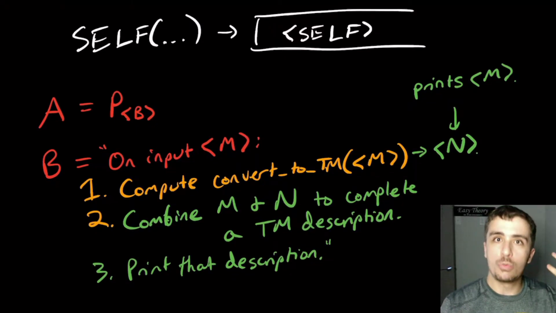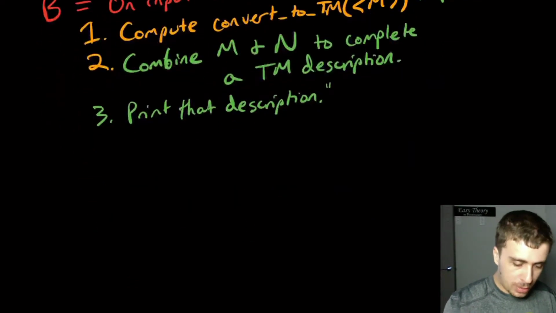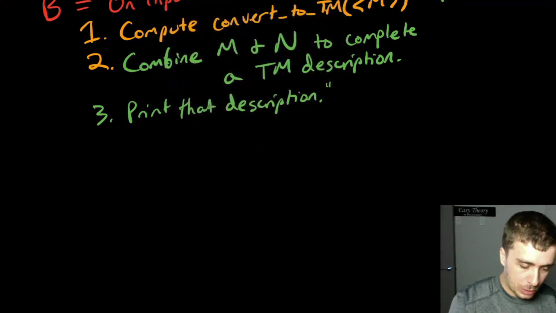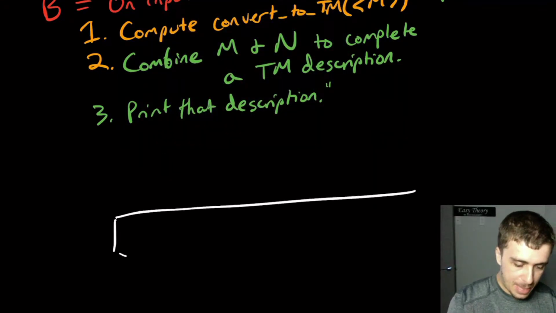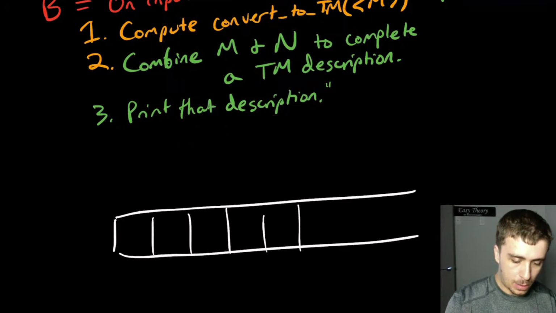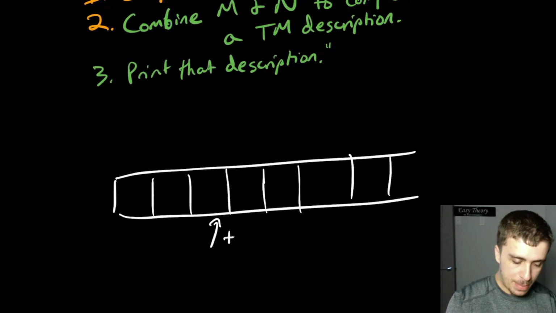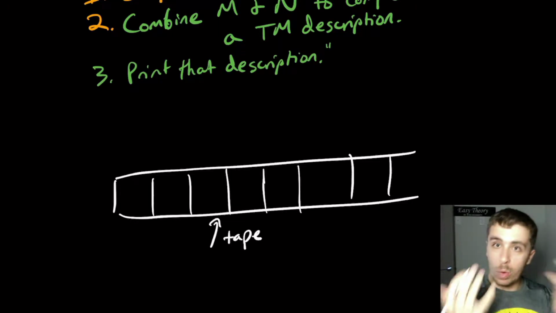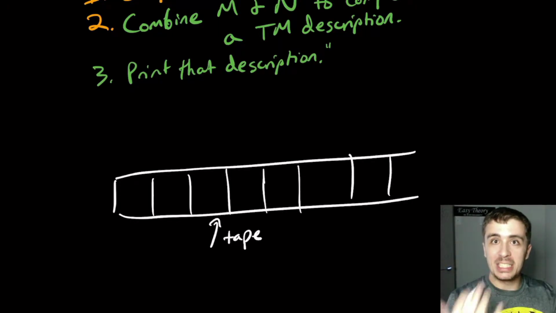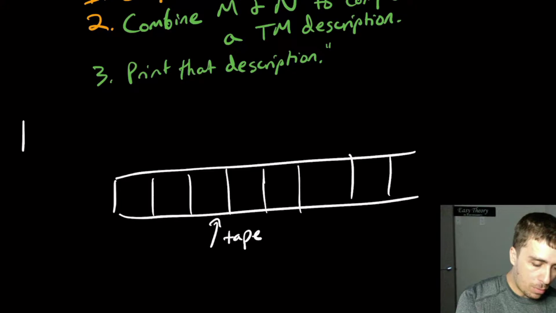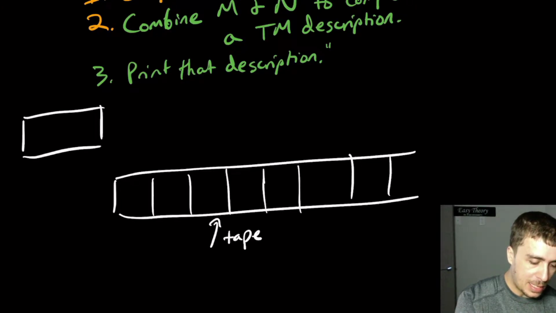Okay, so let's work through how this actually works. So let's actually get a visual description of what's going on. So the tape is right here, although it's not super important what's on it right now. And what is the actual Turing machine states and everything? Then the way that's going to work is I'm going to have the A machine first.